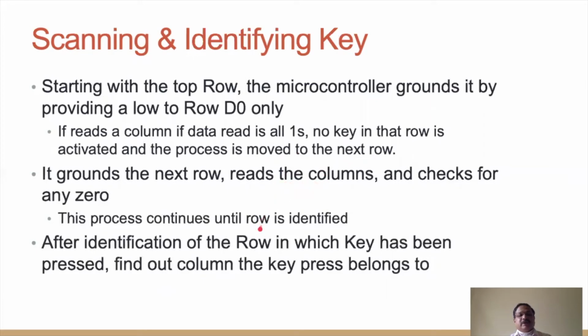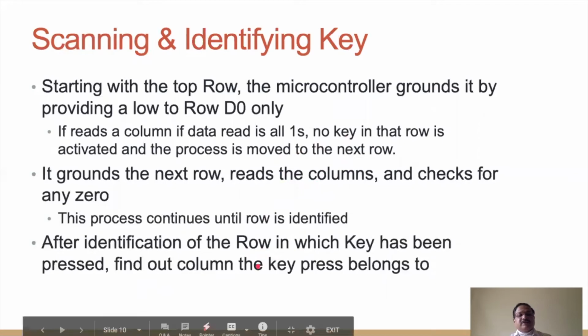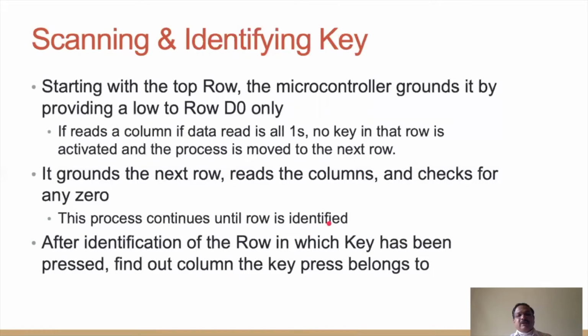The process will continue. After identification of the row in which the key has been pressed, it will find in which column the key press belongs. So once you know the row and column, the scan code of that key can be easily identified. That will then be read by the microcontroller, and that is how the key pressed is detected by the microcontroller.